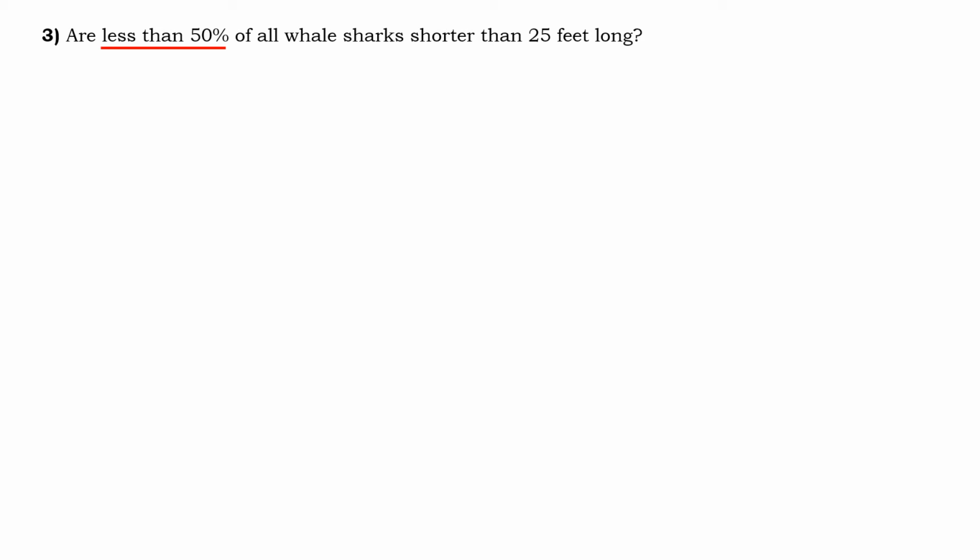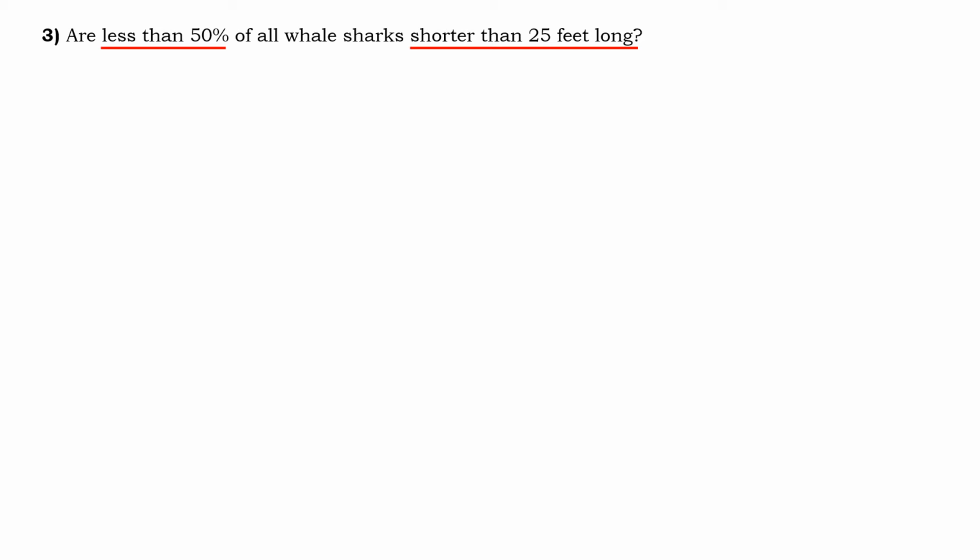Okay, so this is a question about P, the population proportion. Anytime we're talking about the proportion of items that do something, they have to fall into some category, or the percentage of values is the percent that fall into some category. The category here happens to be that they are shorter than 25 feet long.